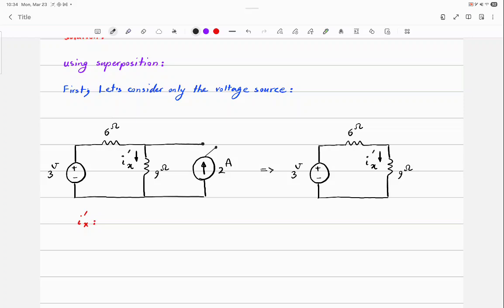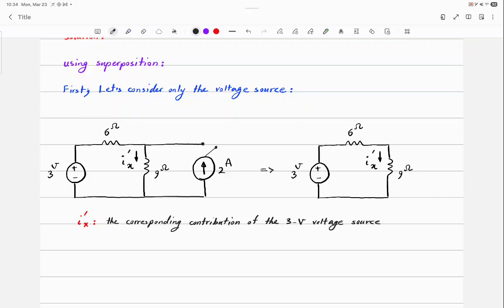I'm going to write it and then we're going to read it again. So, the corresponding contribution of the 3 volts voltage source. Should we use in or to after contribution?